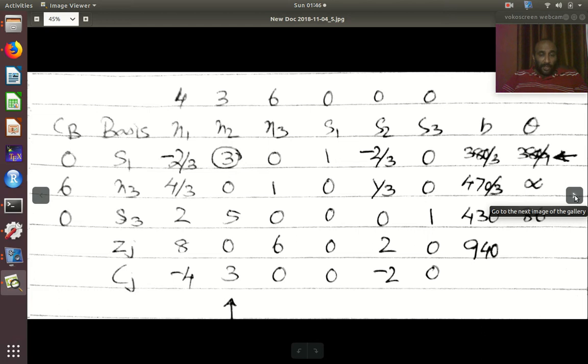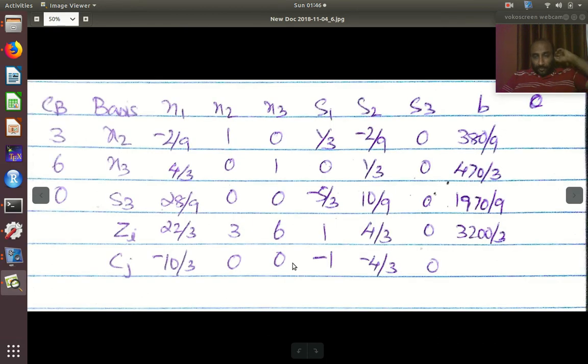Again we go for another iteration by replacing this S1 with x2, and here is the table. Here we have all these values x1, x2, x3 like that. So here we have replaced this; x2 will come here and the corresponding value 3 will come here, the coefficient in the objective function.